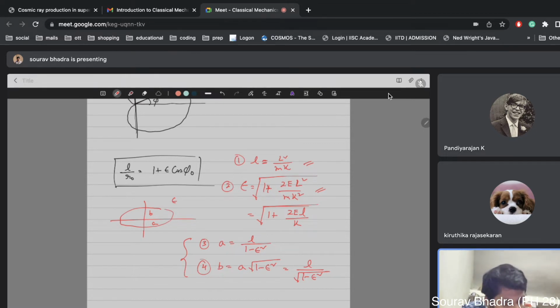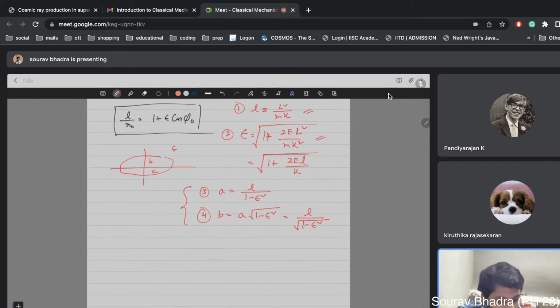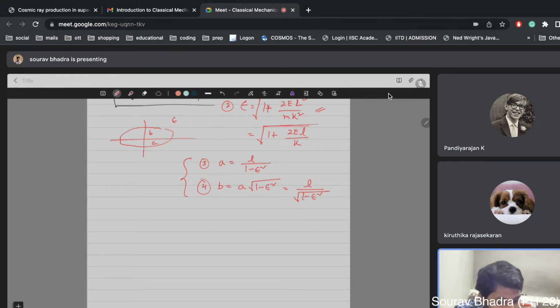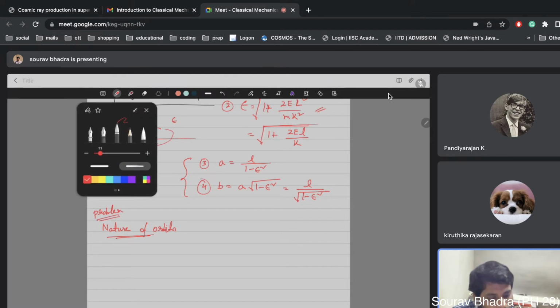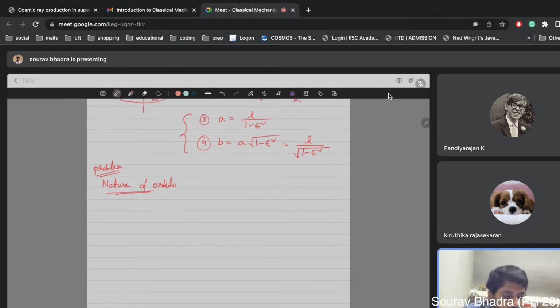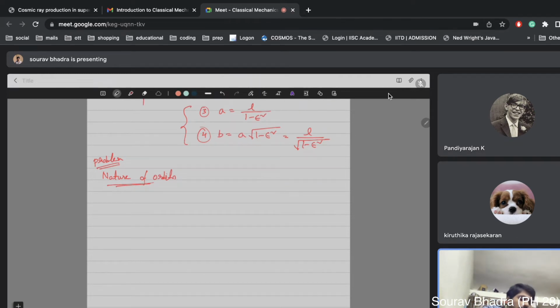Now, using all these things, we will deal with some problems. One thing we will do is called nature of orbits. It is a particular problem. Now everyone knows what the escape velocity is.